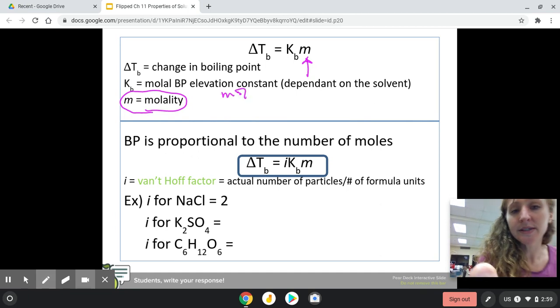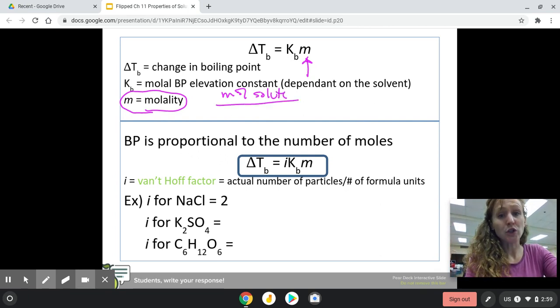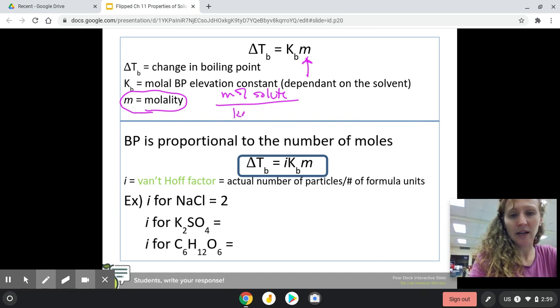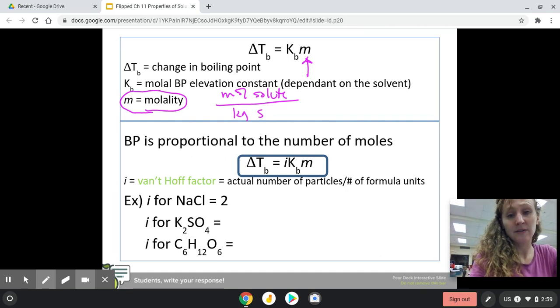It's the moles of solute. But instead of being over liters of solution, like molarity is, it's over kilograms of solvent.